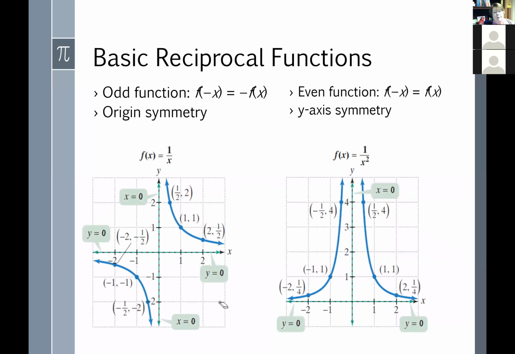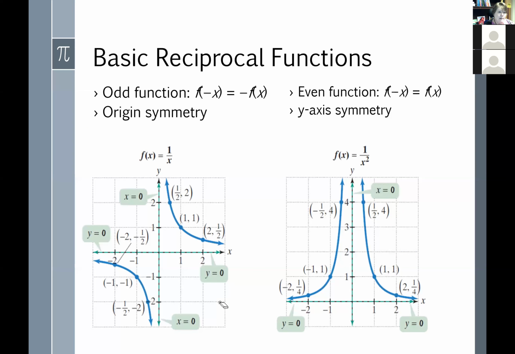Okay, the two basic reciprocal functions that they give you in this book are 1 over x and 1 over x squared. So the function f of x equals 1 over x has a vertical asymptote at x equals 0, the y-axis. It also has a horizontal asymptote at y equals 0.